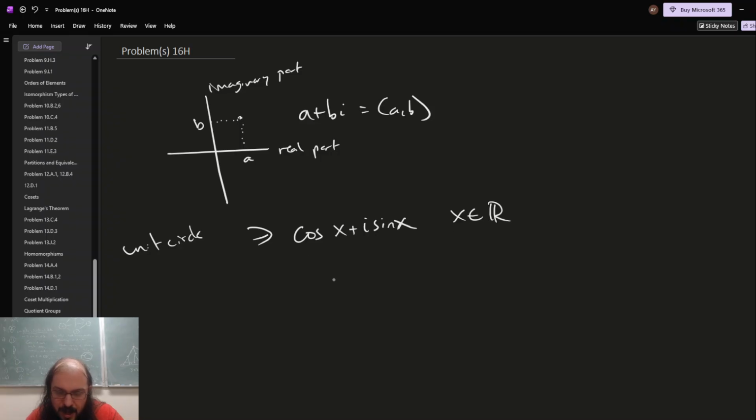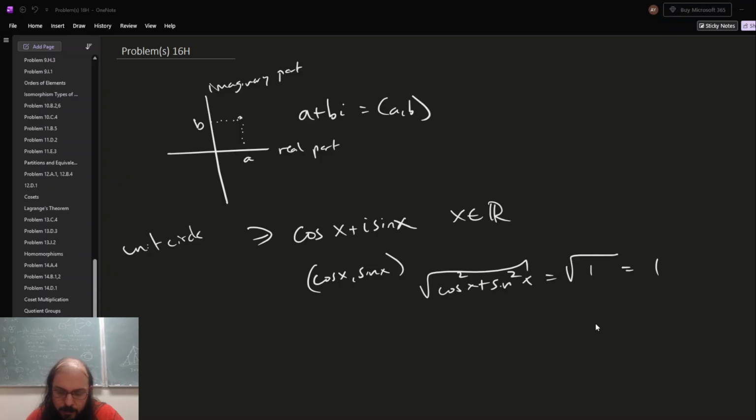And we can see that if we're not completely convinced because, as real numbers, this would be the ordered pair cosine, sine. And of course, we know the distance formula from the origin, right? That would be the square root of cosine squared plus sine squared. But by Pythagoras, this is the Pythagorean identity, that's 1. So they do, in fact, live on the unit circle.